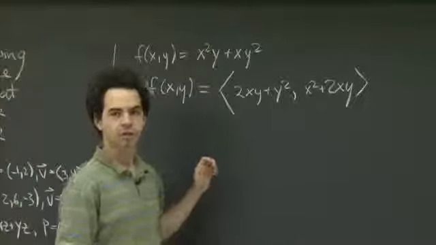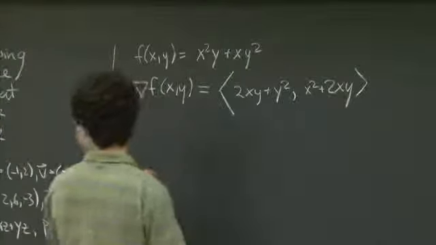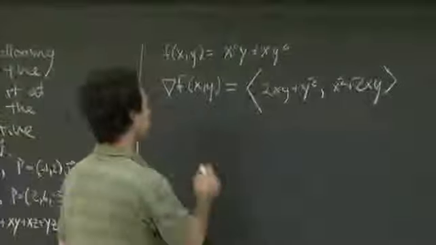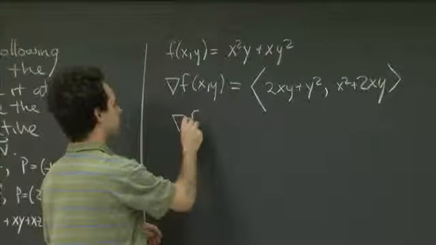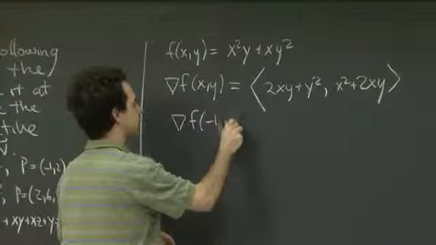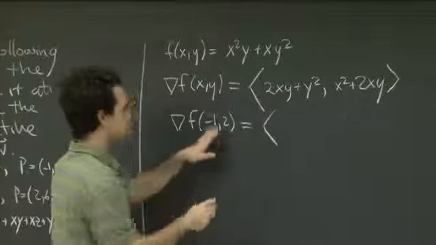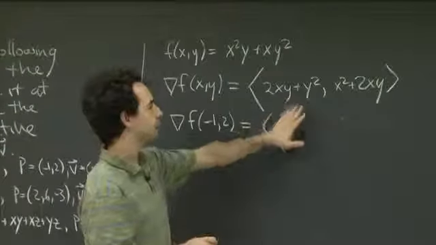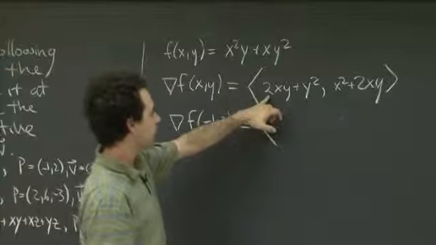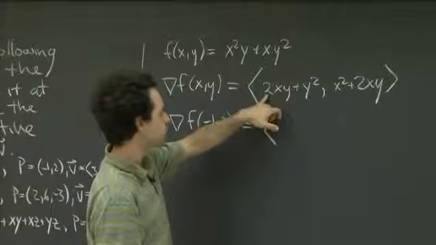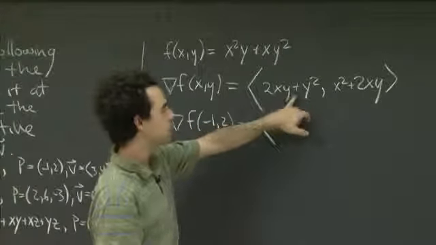Now, the question asked you to compute this gradient at the particular point minus 1, 2. So the gradient of f at the point minus 1, 2, we just put in x equals minus 1, y equals 2 into this formula. The first component is 2 times minus 1 times 2 plus 2 squared.